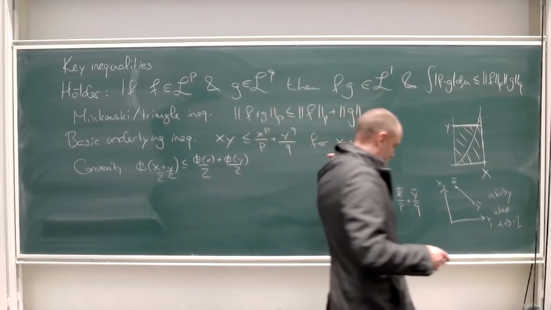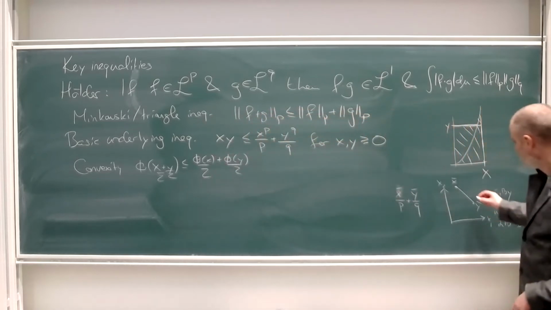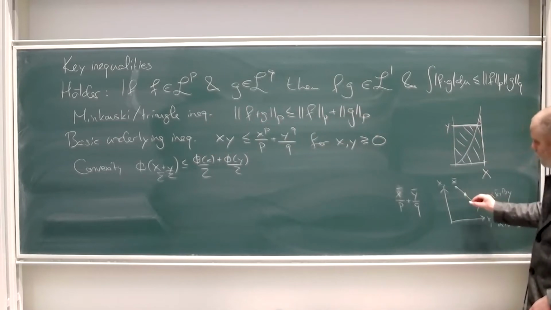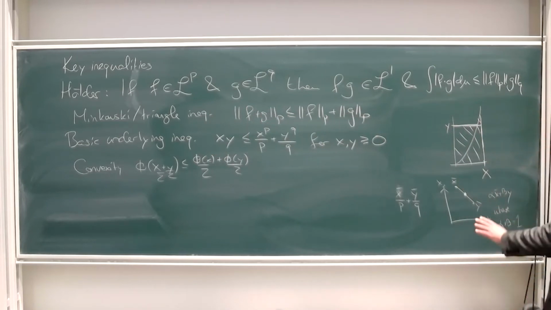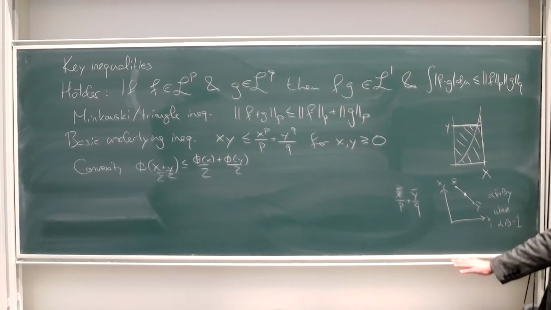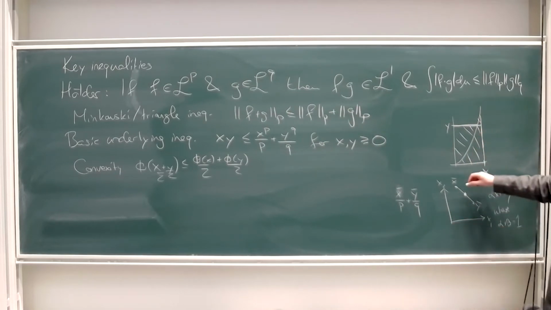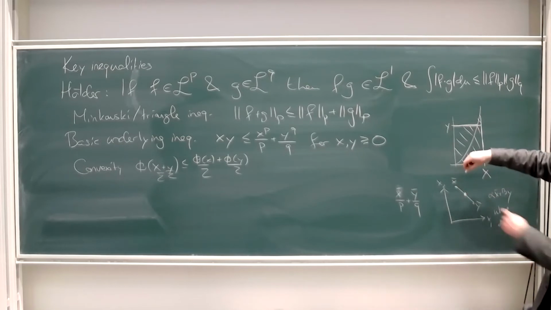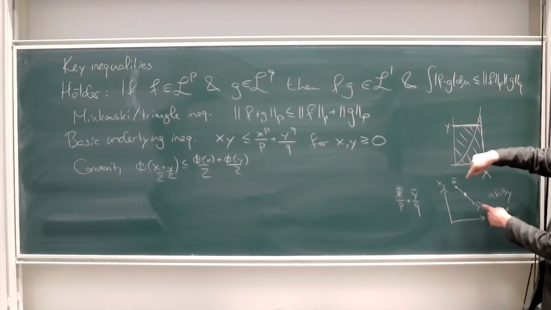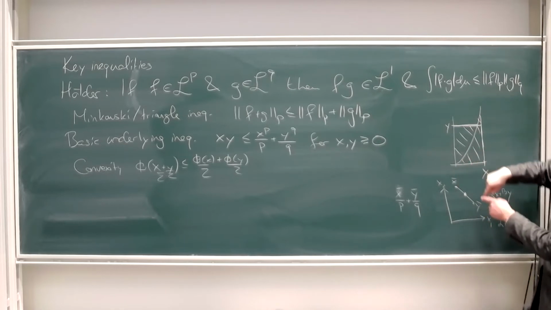And what is convexity? Convexity is that anytime you have a point on the line between, if there is some function sitting on top, so you have some function values, then the value of the function there should be lower than the value you get by connecting the values over x and y by a straight line.